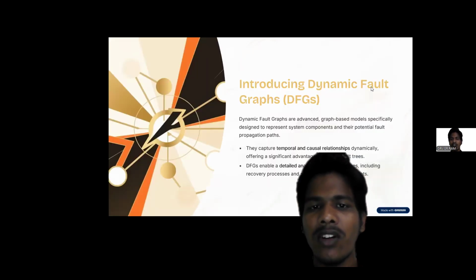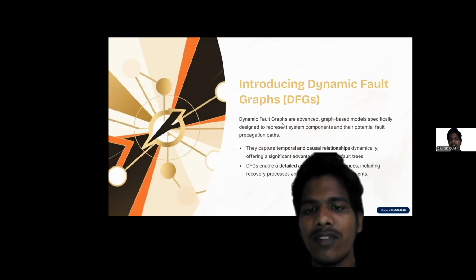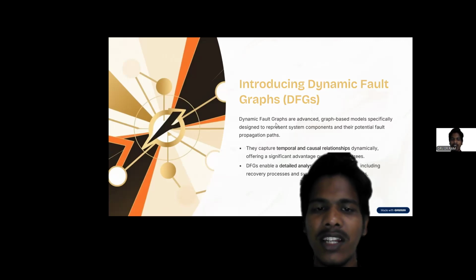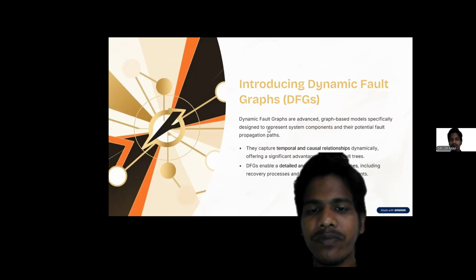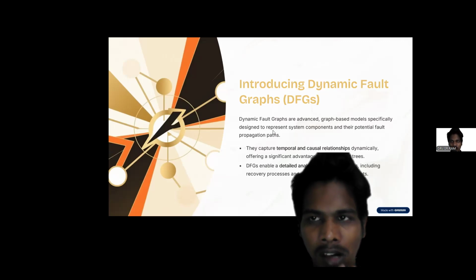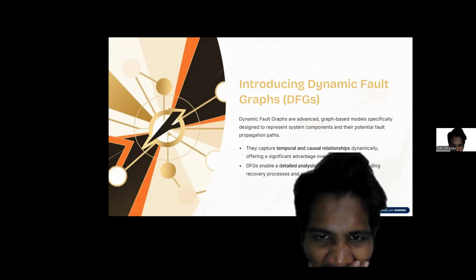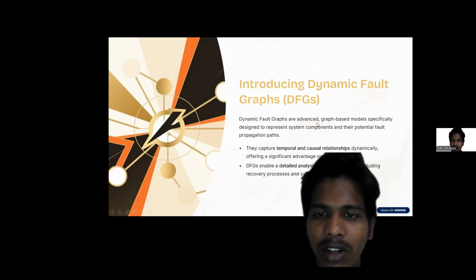Introducing dynamic fault graphs, DFGs. Dynamic fault graphs are advanced graph-based models specifically designed to represent system components and their potential fault propagation paths.